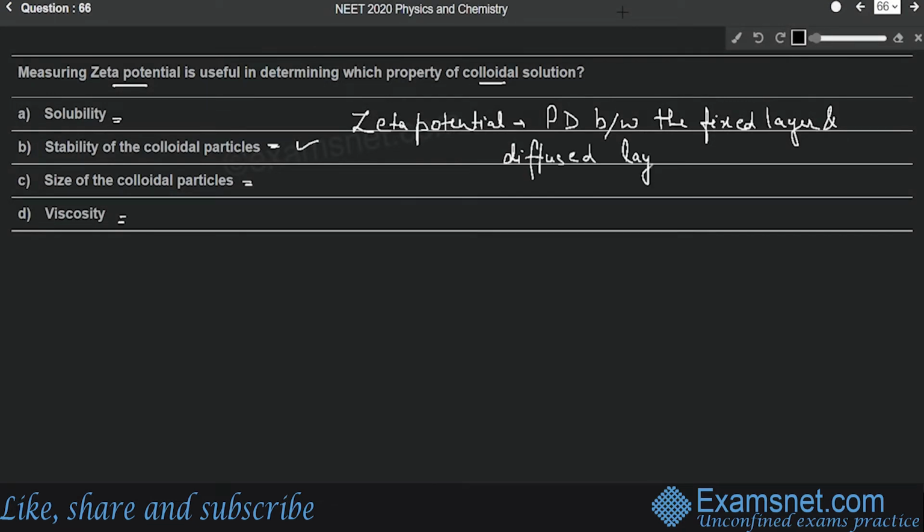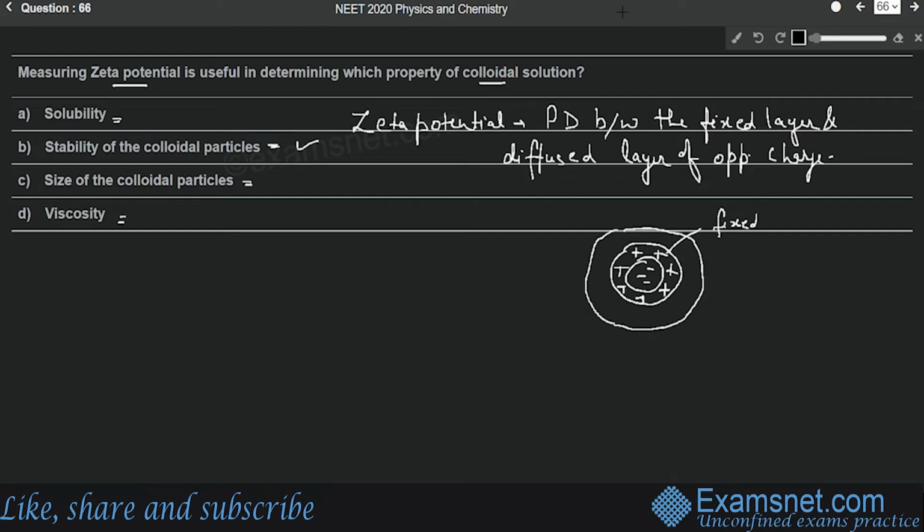So if we have a charge here, suppose this is negative charge, it will have a layer of charge around it that will be fixed. That means it won't be able to move, so it is known as the fixed layer. Again it will have another layer that will be able to move. Here the charges will be free to move. So this is known as the diffused layer.